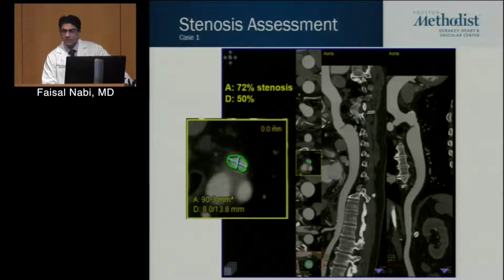We can create a center line through the aorta and make it a straight line, and make reference stenosis measurements compared to a normal sized aorta just distal to the coarctation. Here we were able to establish an area stenosis of almost 72% and a diameter stenosis of 50%.